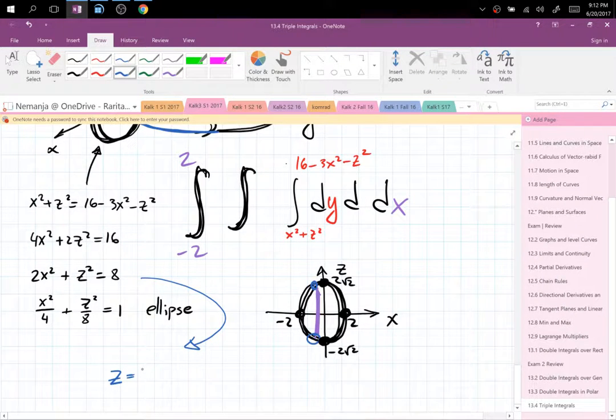So z equals square root of 8 minus 2x squared, and it's a plus and a minus. So the bottom goes with the minus, and the top with the plus.